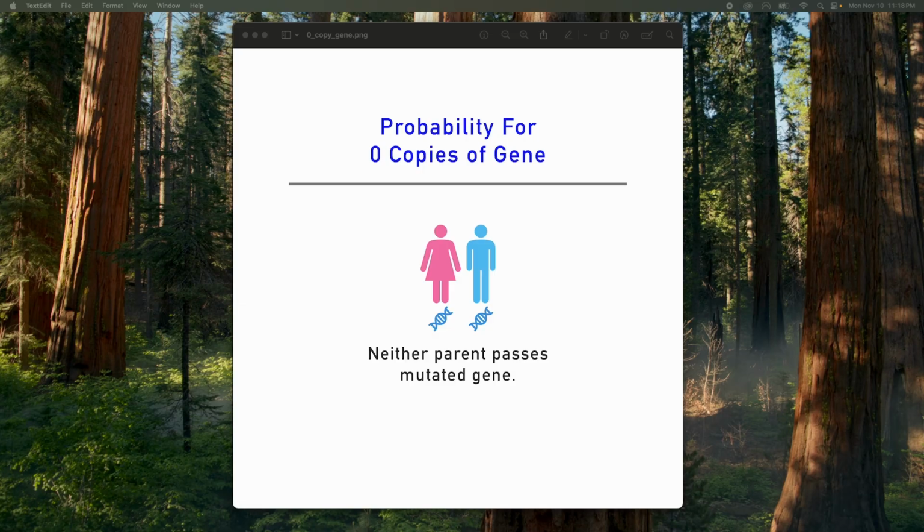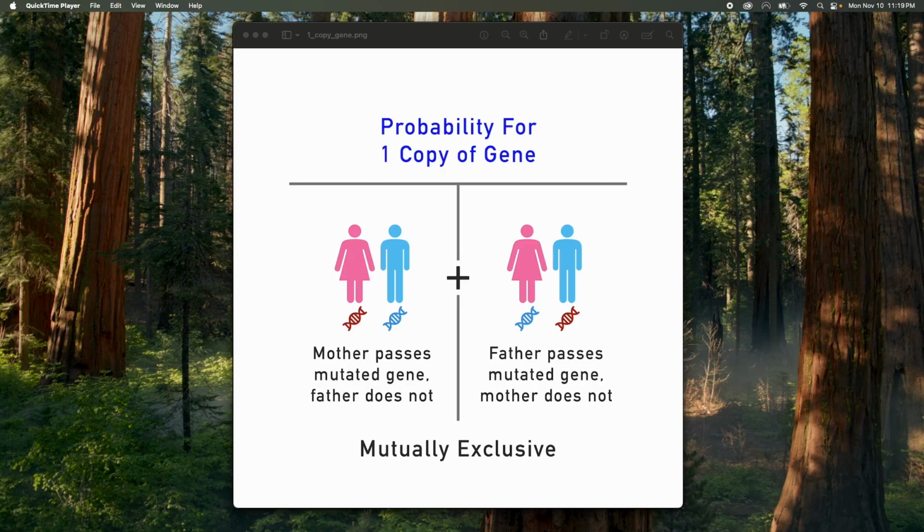For the world where we have 0 copies of the gene, the probability of this world is the same as the probability that no parent has passed us a copy of the gene. For the world where we have 1 copy of the gene, the probability of this world is the same as the probability that exactly 1 parent passed us the gene.